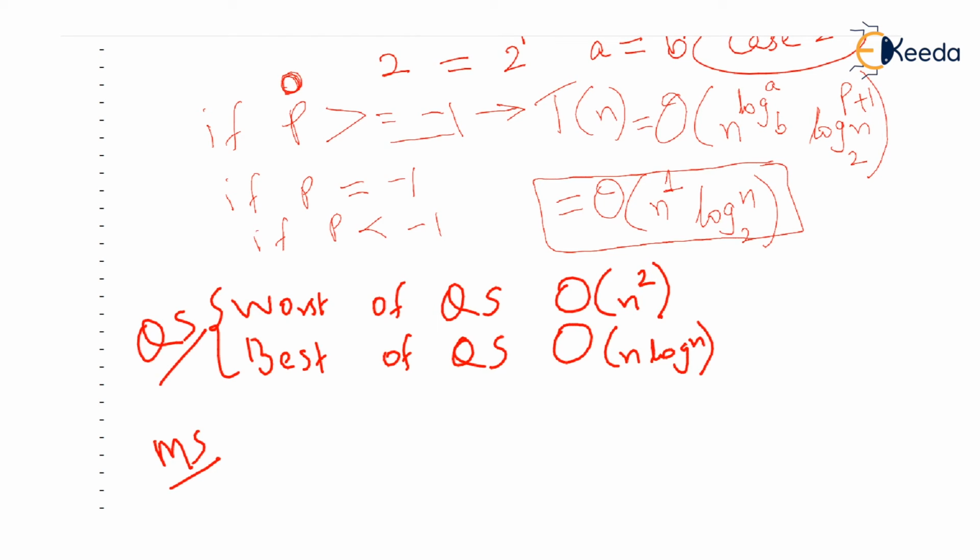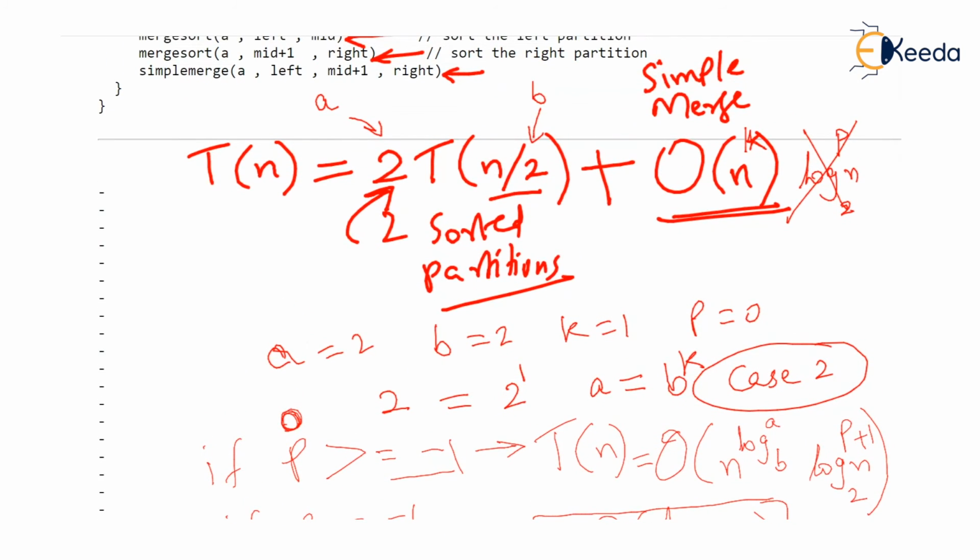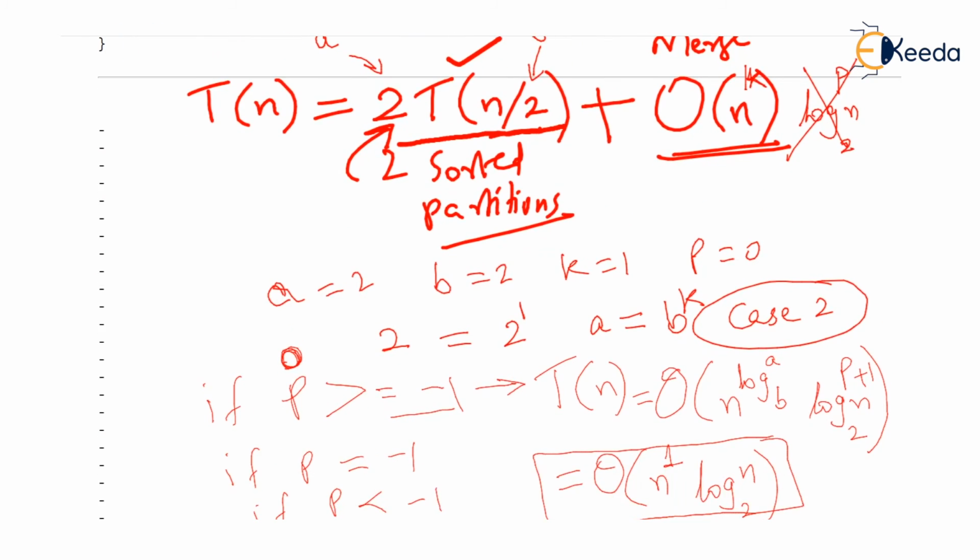So our claim in the recurrence relation, let me scroll up, that we will always get two partitions of size n by 2 is correct in the case of merge sort because we are finding the midpoint. So in that sense, merge sort will always perform using the same recurrence relation.